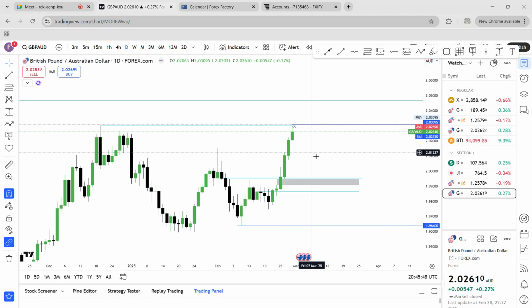When it causes a fair value gap, price needs to reprice that area to what? To basically rebalance that area. So if price is rebalancing that area, what does it do? It offers the opposite participants a chance to participate in the market, right?